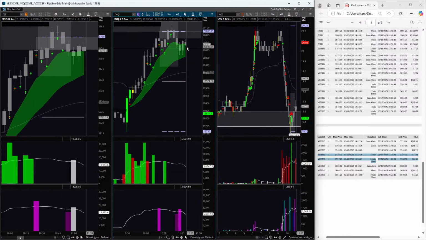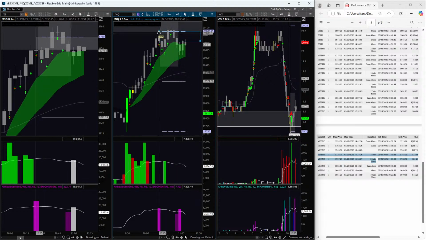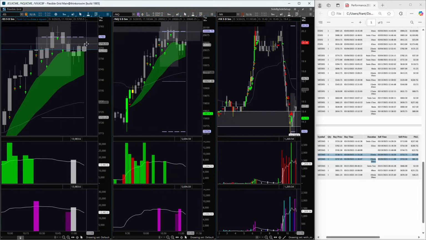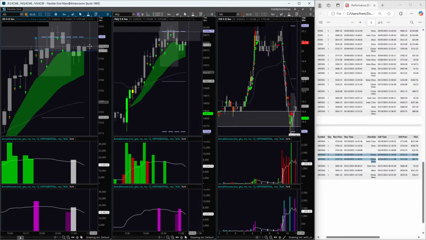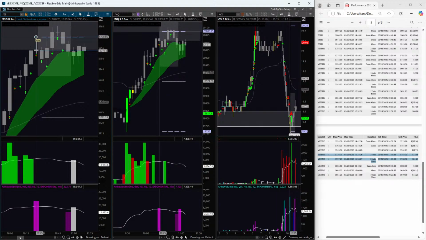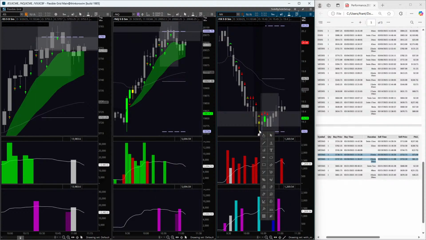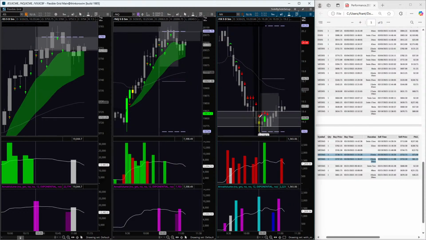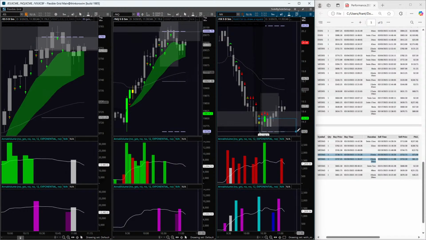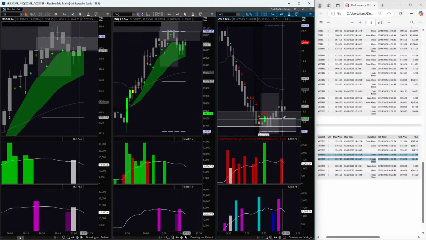Looks like I probably entered with the body. I remember waiting for this one to line up. And this one was never coming down to it, but okay.